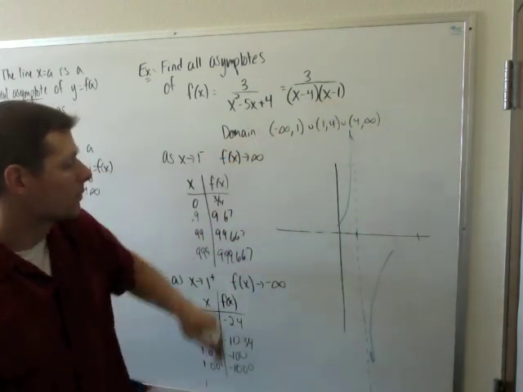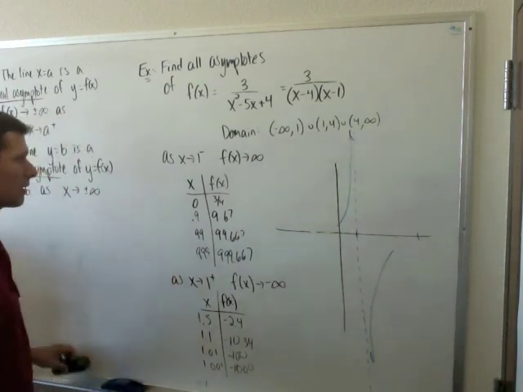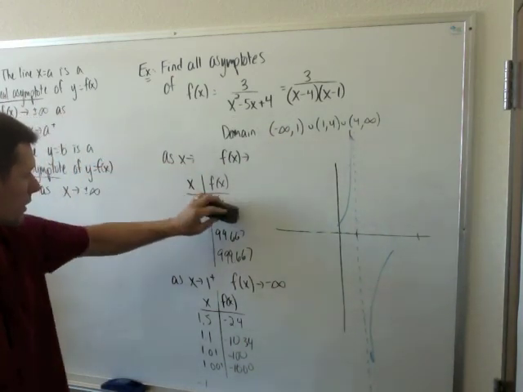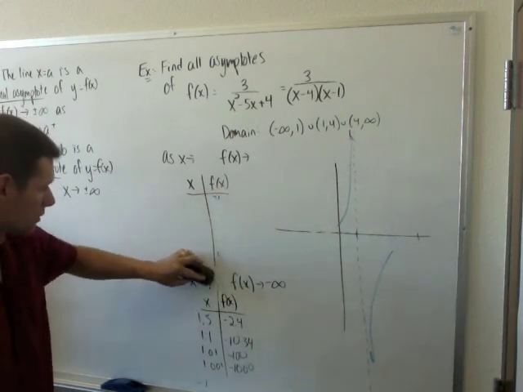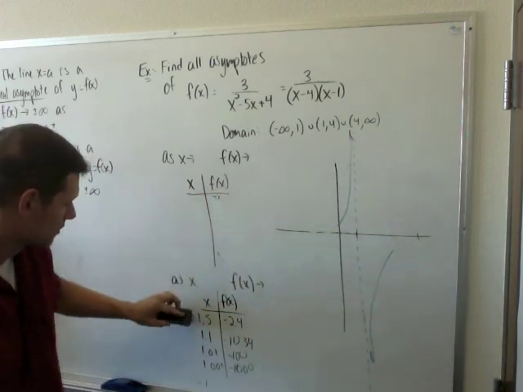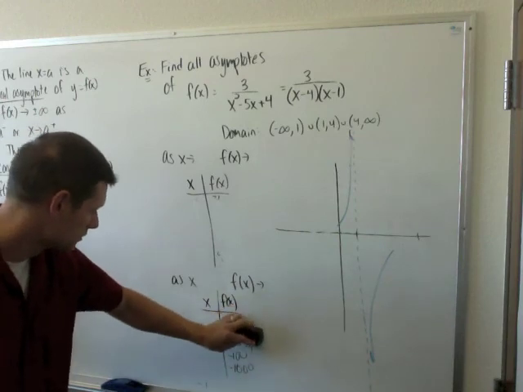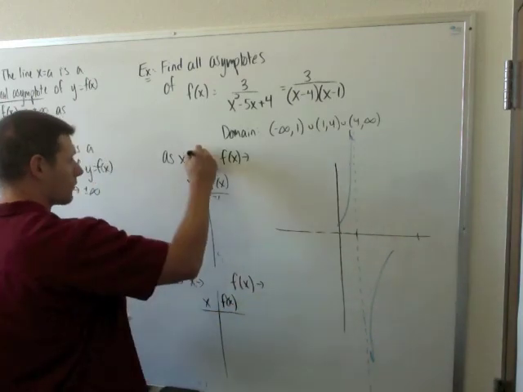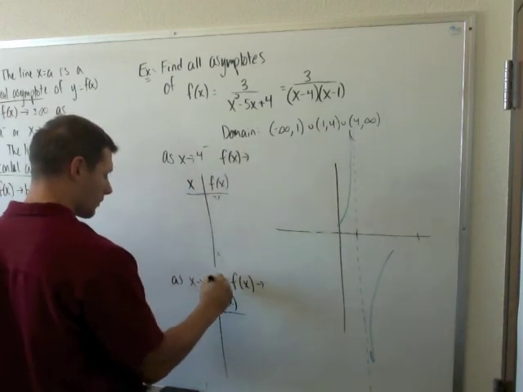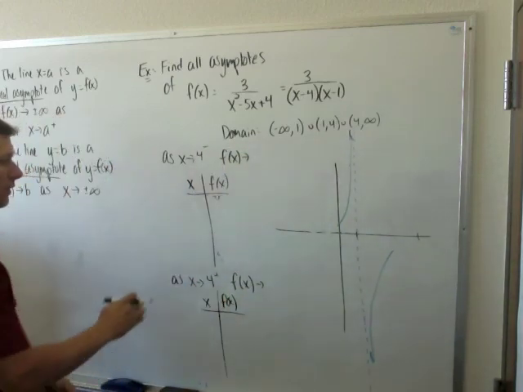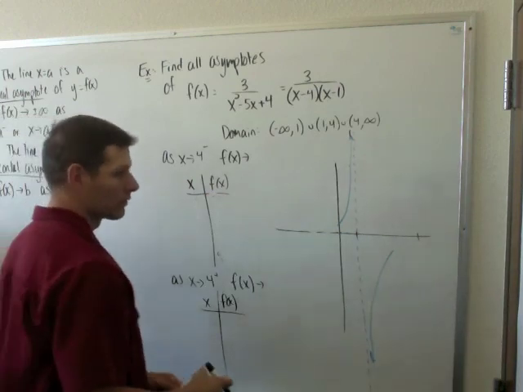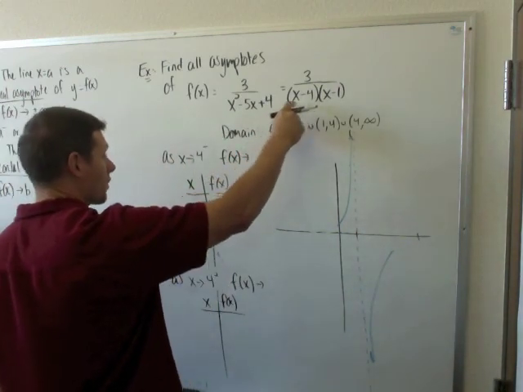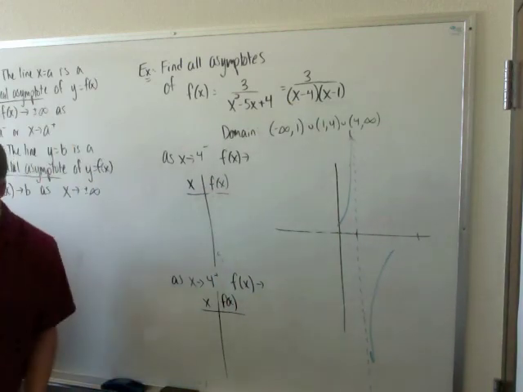Now we can approach 4 from the left and right. So let's go through this with 4. Now we're going to approach 4 from the left and 4 from the right. What happens to my function? Again, we'll put in numbers really close to 4, but not quite 4.